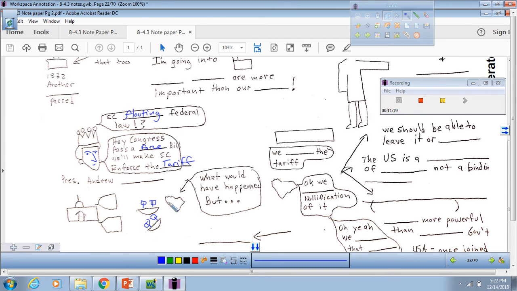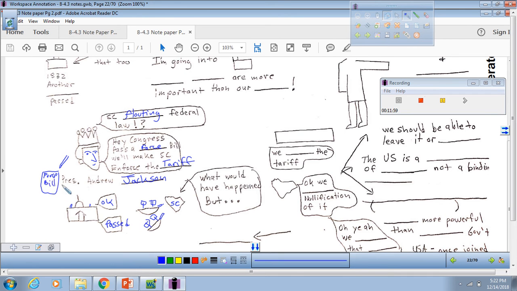We're going to put them at the port, and we're going to point guns at them, and we're going to say, you better collect the federal tariff and quit trying to nullify it. So, Congress, who was on the side of Andrew Jackson, said, okay, the force bill is passed. So, of course, they voted yes, yes, and he signed it, and the bill became a law.